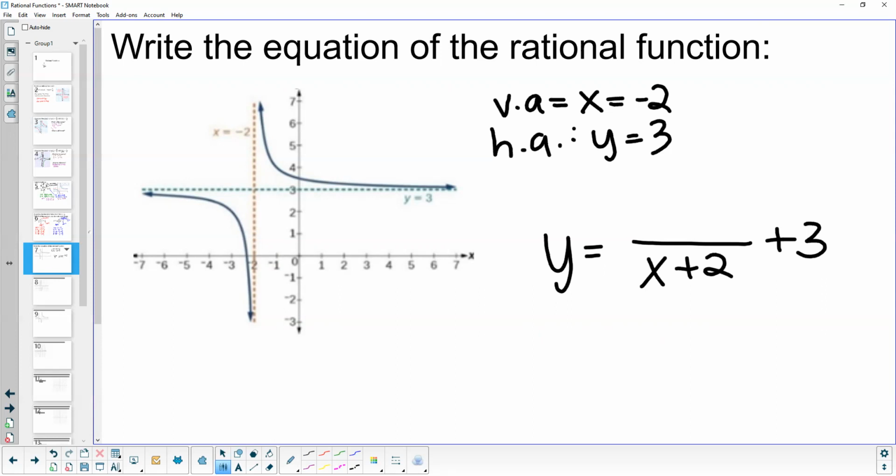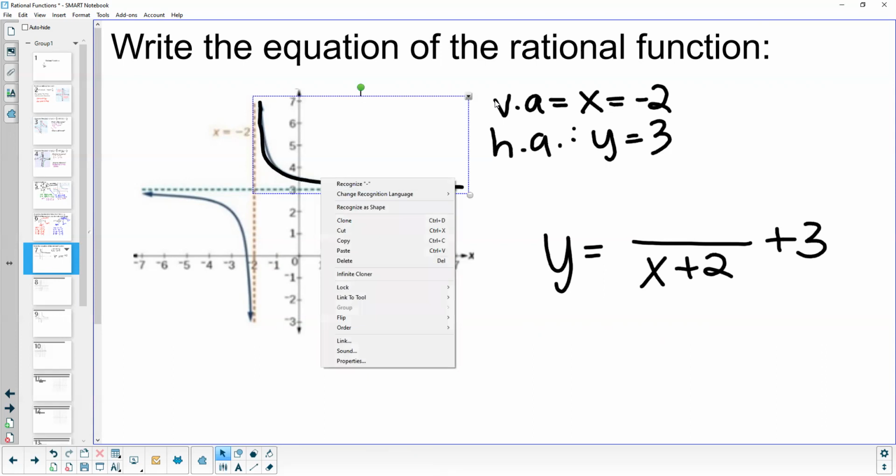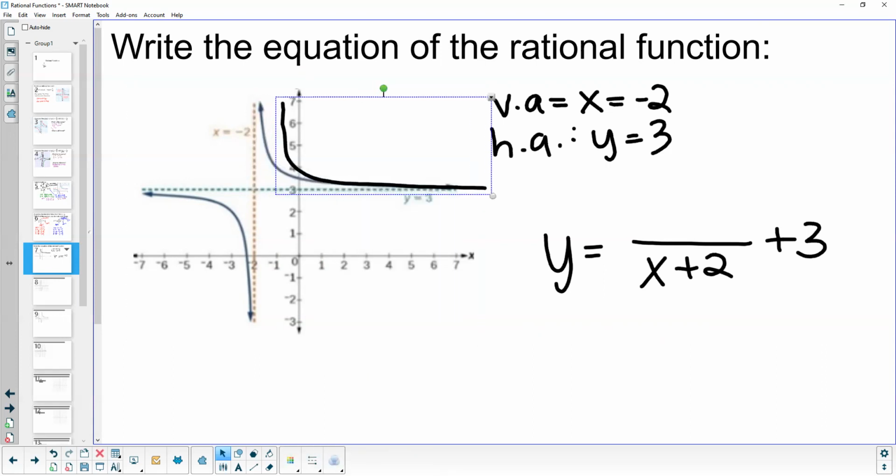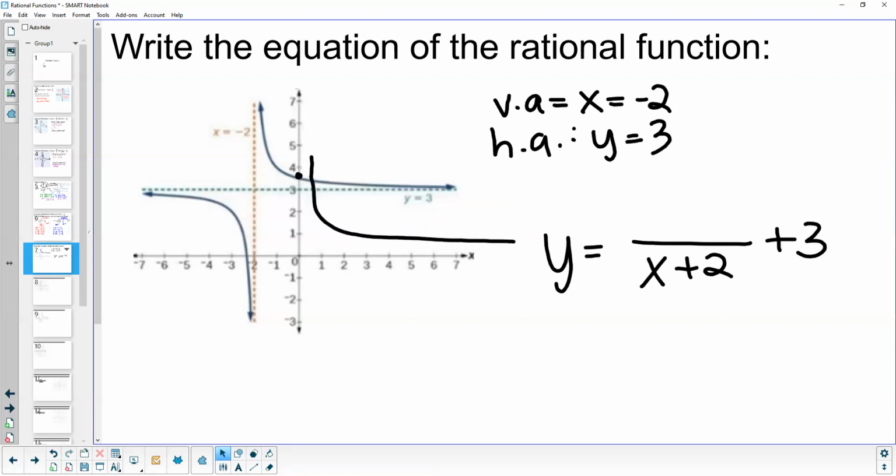If we were to take our function here and move it back the way that it came, we said that it went to the left 2, so I'm going to move it to the right 2. Let's focus on this point right here. We're going to move it over 1, 2. And we went up 3, so we're going to bring it down 3. 1, 2, 3.